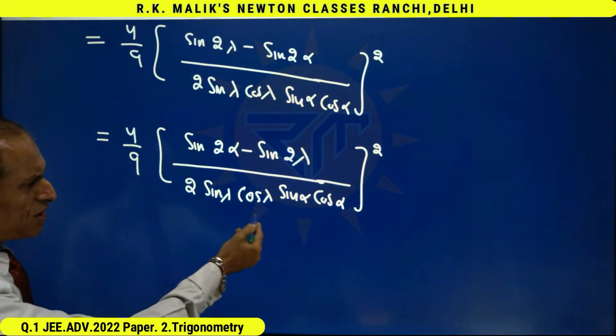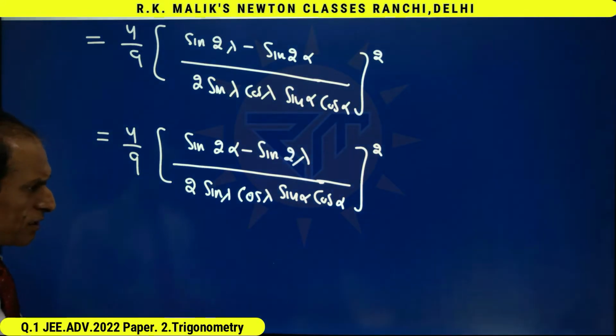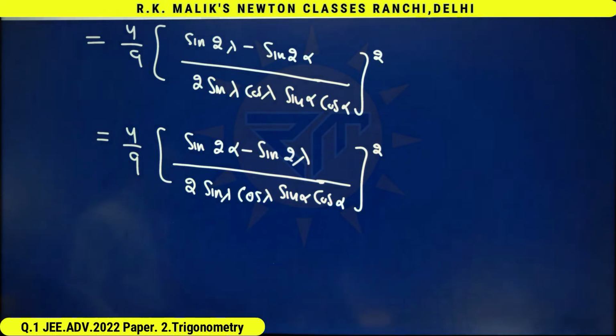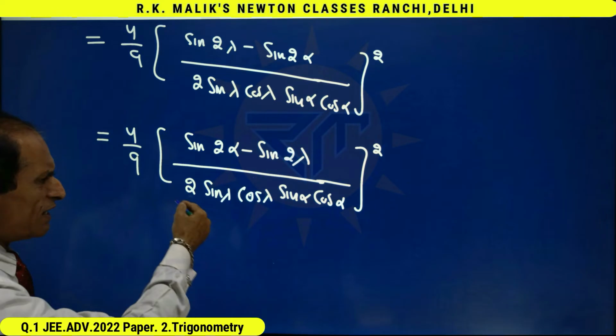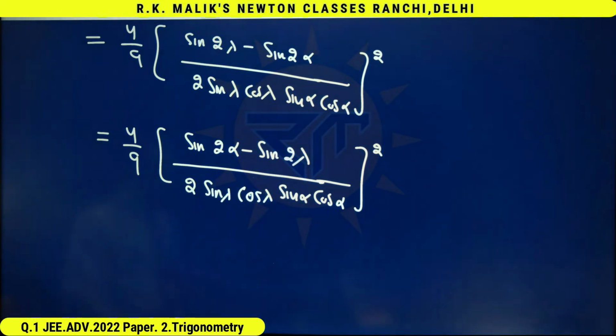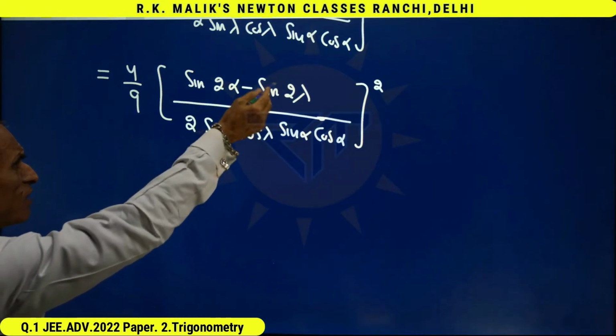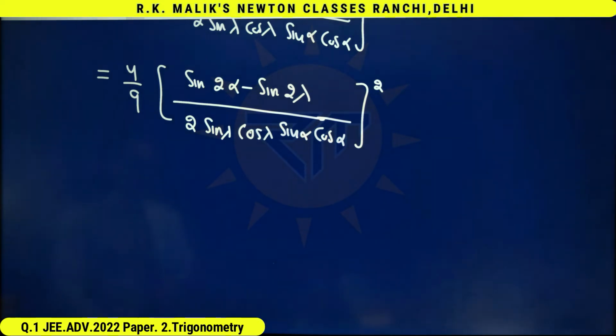The difficulty which seems to be coming is in the denominator, and how to proceed with the denominator I will do separately. Hence, for simplicity, I will find the value of numerator separately and denominator separately. First, I am proceeding with the numerator.